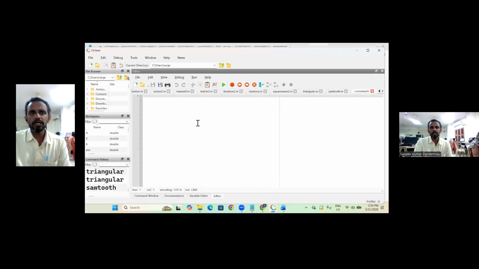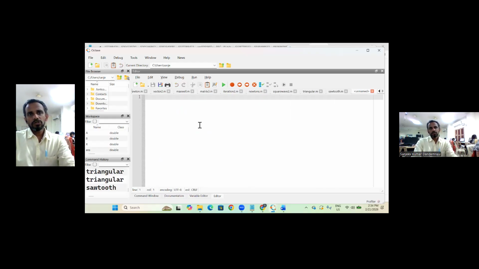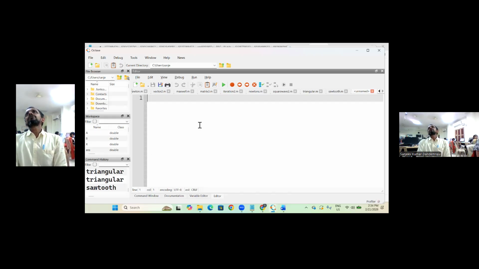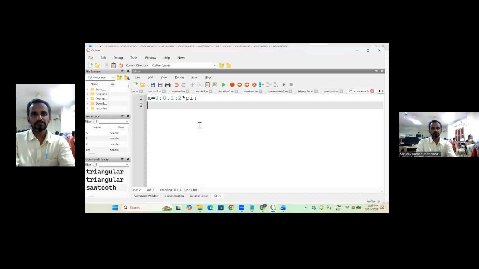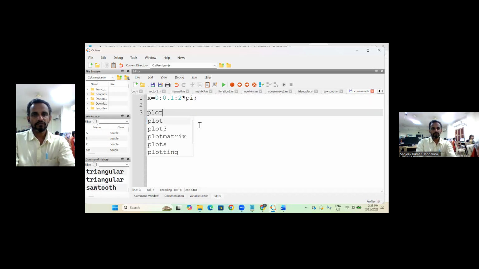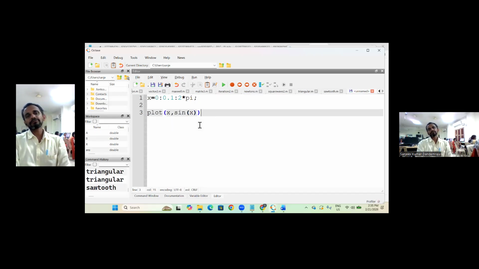So open a new file in the editor. Let's say define your x starting from 0 with a step size of 0.1 up to 2 pi, and then plot x versus sin x.